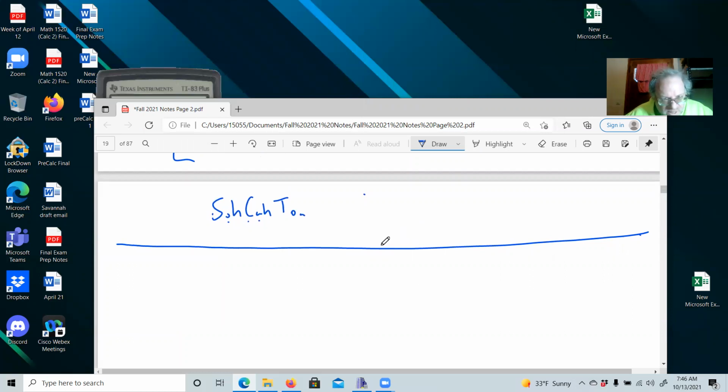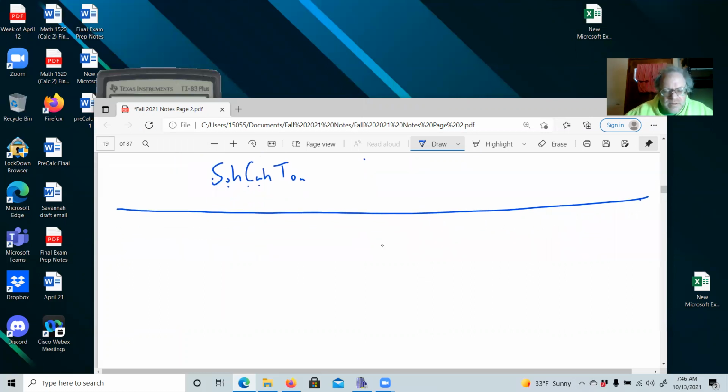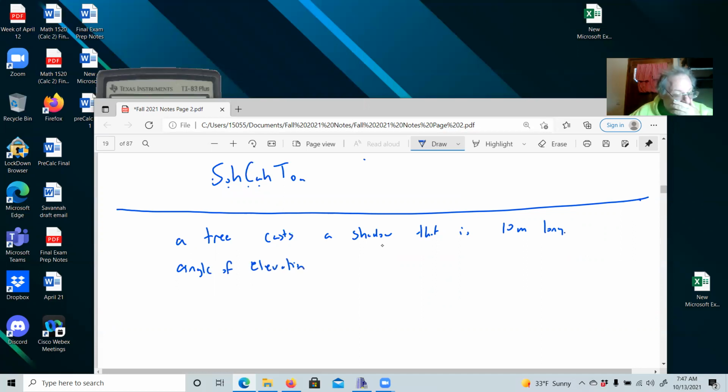Let's see here. We have a tree. A tree casts a shadow that is, we'll say, 10 meters long. We'll say the angle of elevation is 10 degrees.